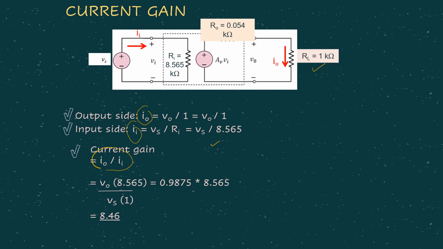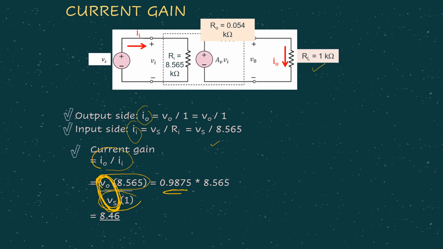I0 we have it in terms of V0, and II we already have in terms of VS. So substitute everything. Now you see we are having expression of V0 over VS here, which is actually our voltage gain that we already found just now. So we substitute here the voltage gain, then finish it off.